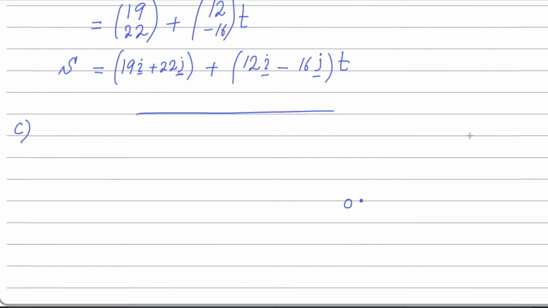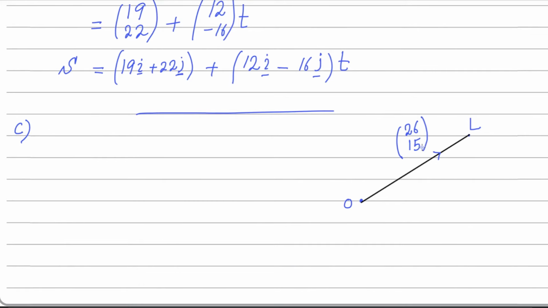So it will be somewhere here. This is L, so we can join it to the origin. This is the position vector for point L, the lighthouse. It is 26 and 15 in column vector form.